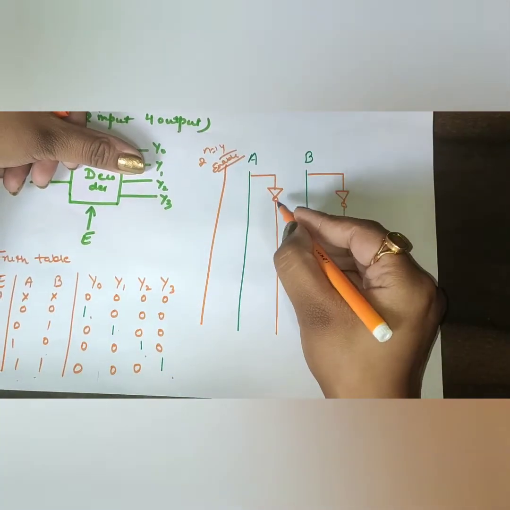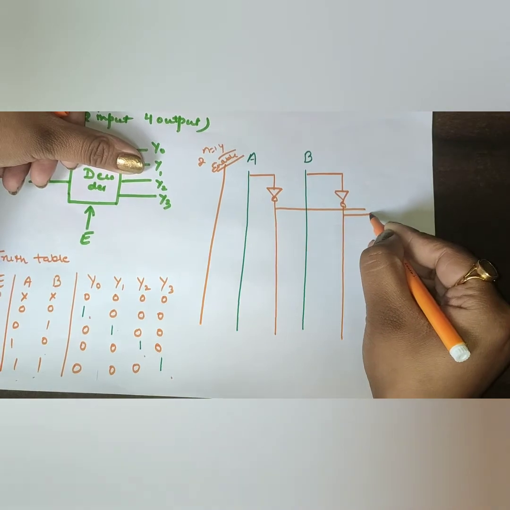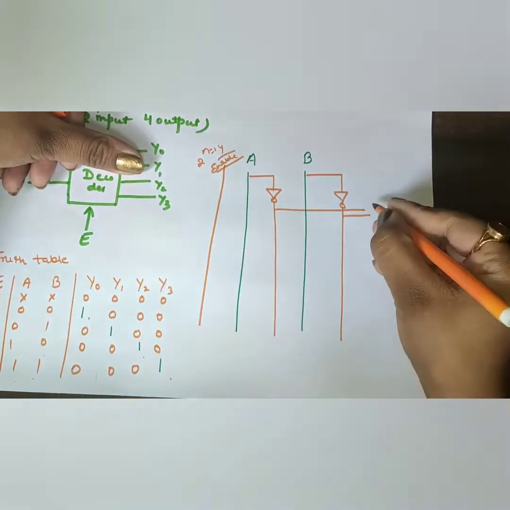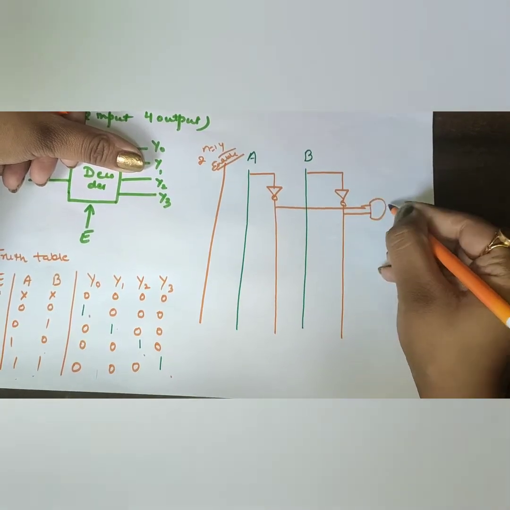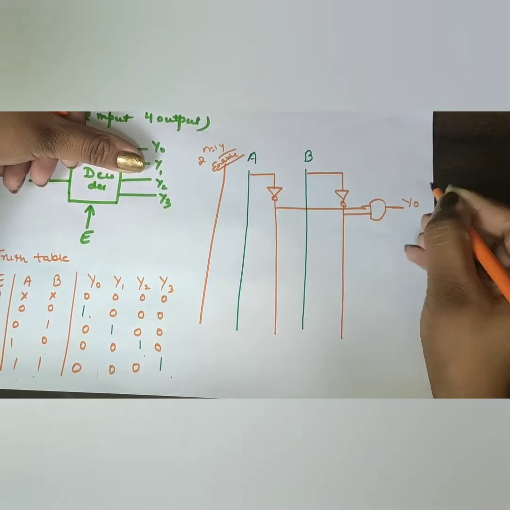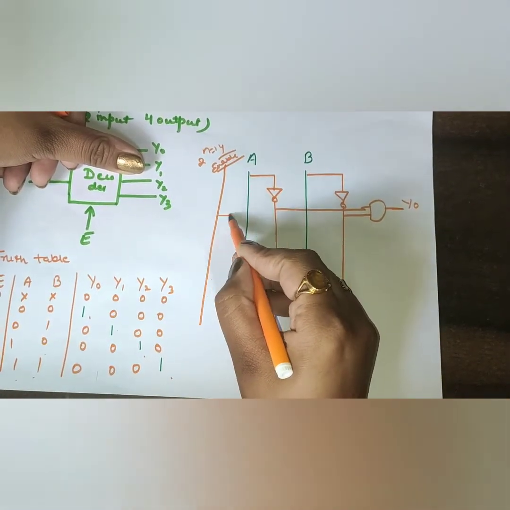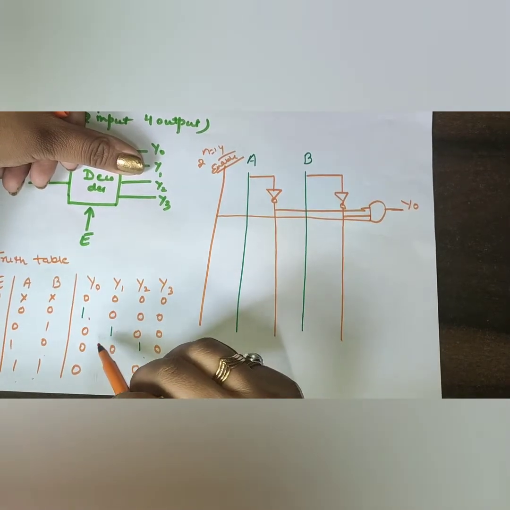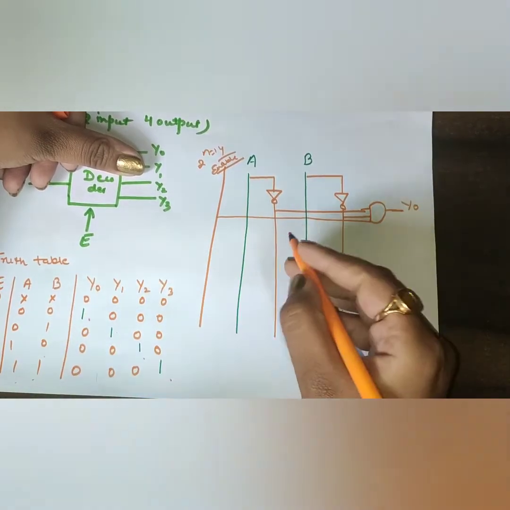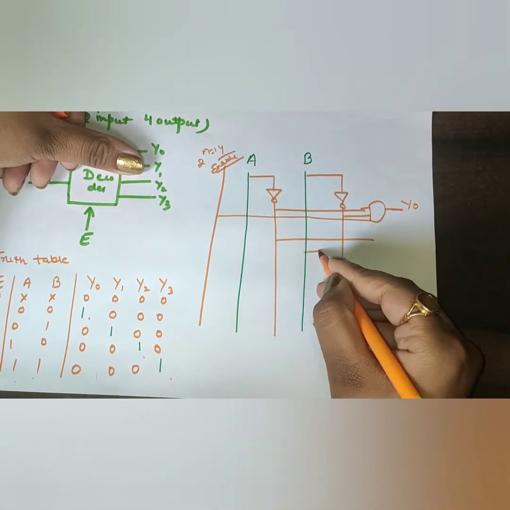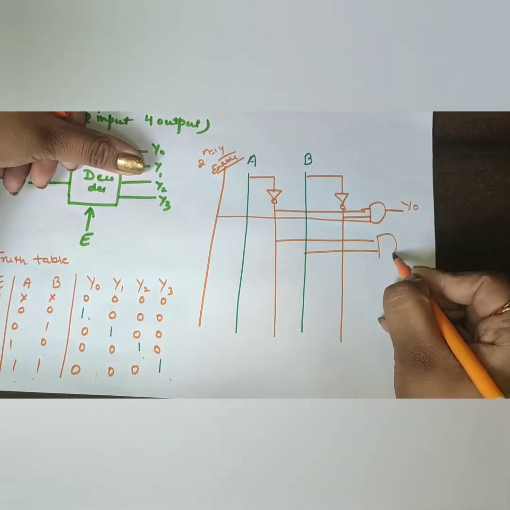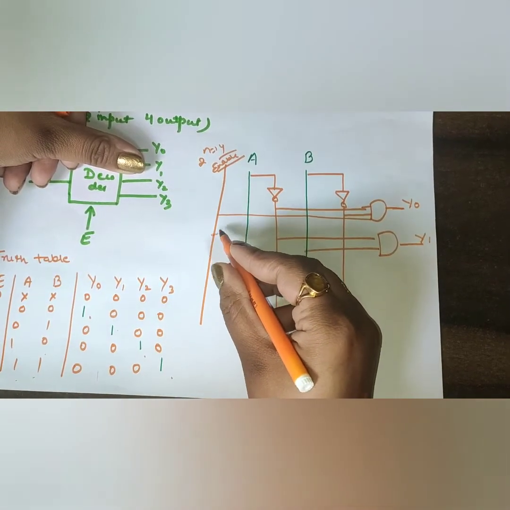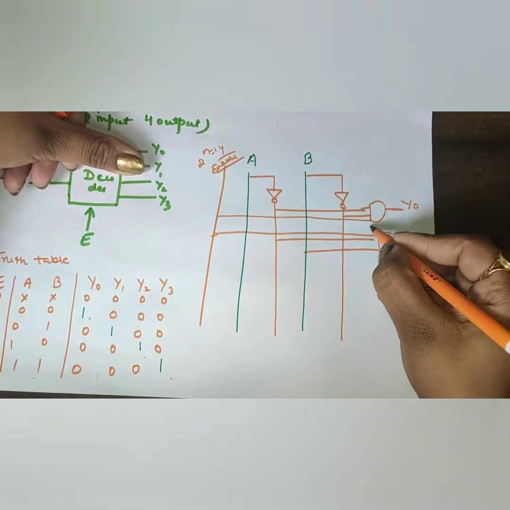Now A bar, B bar, and the output will be y0, and we get enable signal 1. Then for y1, A bar, B, AND gate, output y1, and the enable signal is also 1. You can take this enable signal.